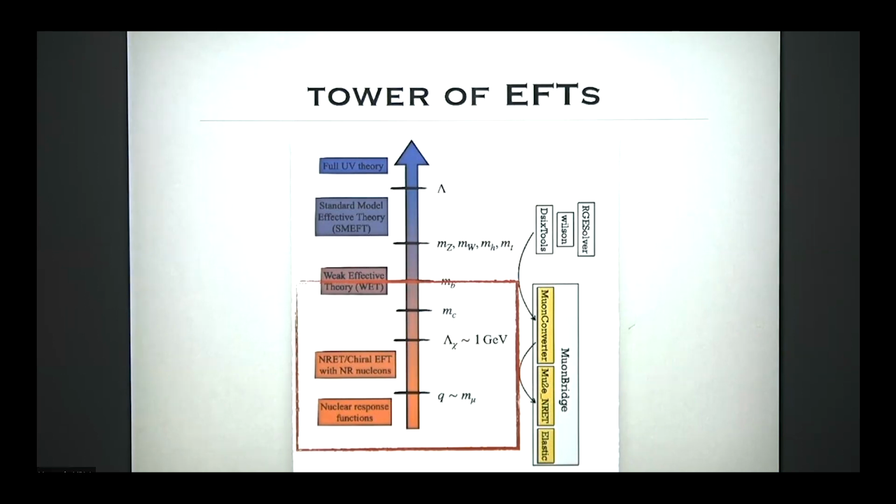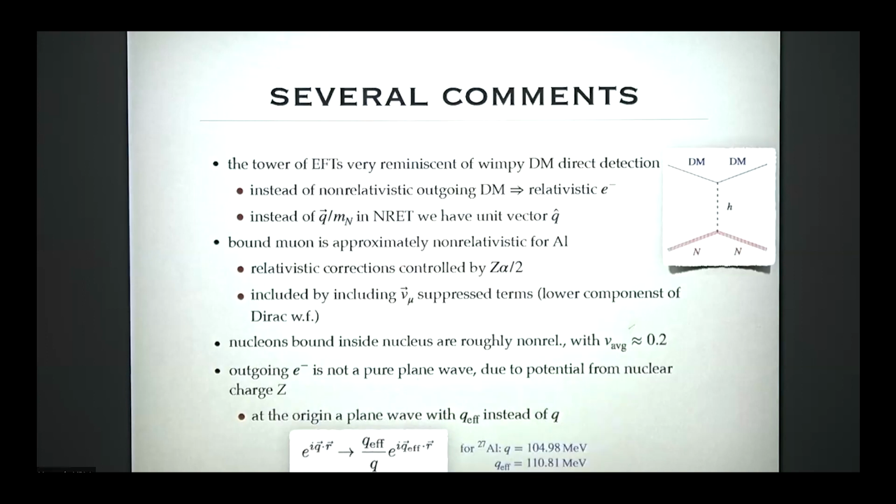There are public codes out there for the SMEFT running. This is us: the MuonBridge will have 3 components that handle different parts of this calculation. Several comments here. This tower of EFTs, maybe for people that have worked on direct detection, this problem is very similar to having a WIMP scattering on nuclei.